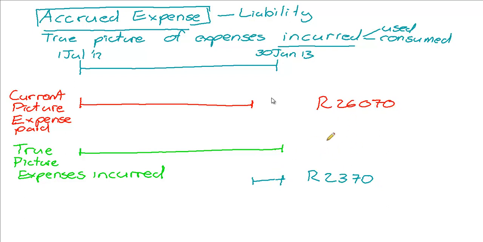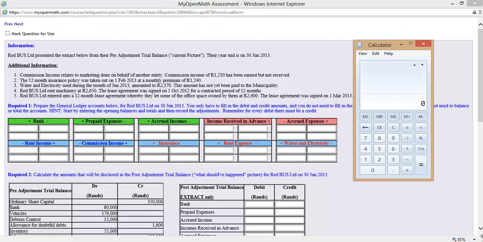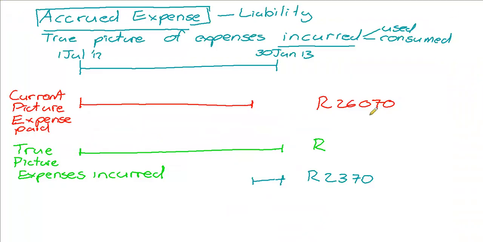Those two figures together are going to give me the true picture, which we'll quickly work out with our calculator. We say 26070 plus the amount that we used in the last month, 2370, and that is going to give me the answer, which is how much water and electricity we've used for the whole year, which is 28440.